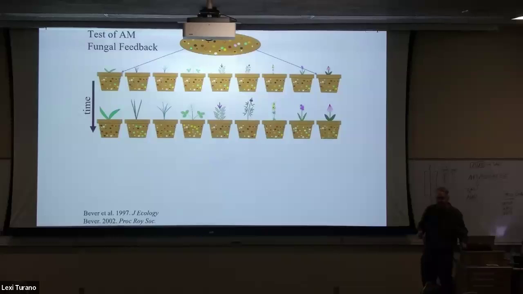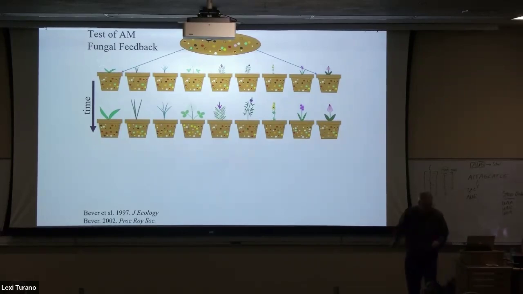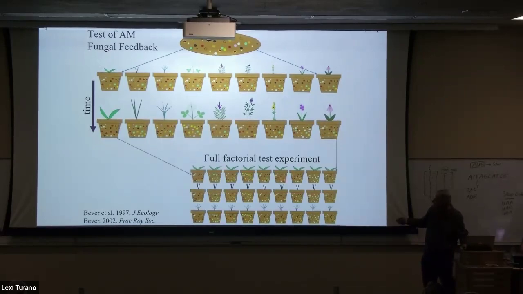And to test that, I showed you how I tested that overall feedback through mycorrhizal fungi in my postdoc. And we did it again, but at a larger scale. So we have lots of plants ranging in life history and phylogeny, and we grew them for a period of time. We actually grew them for 2 growing seasons again, and then we do the full factorial test for feedback.